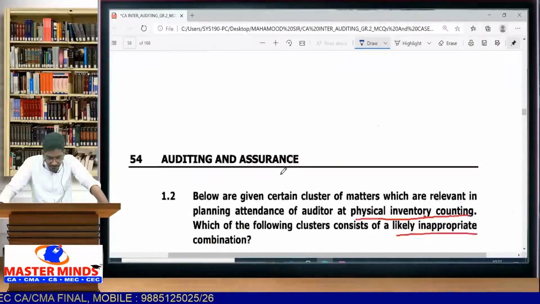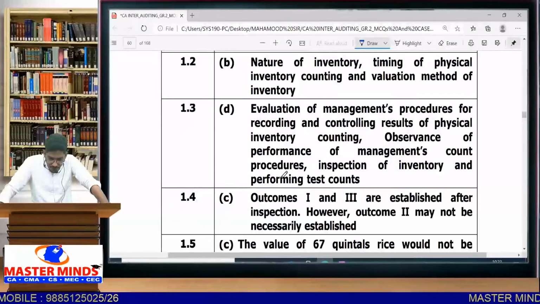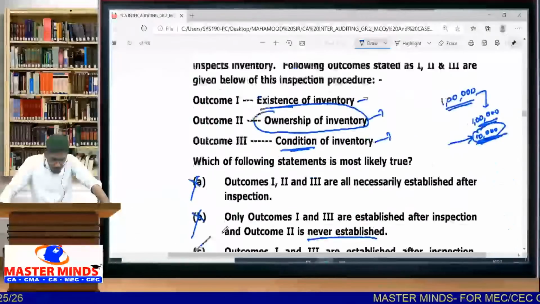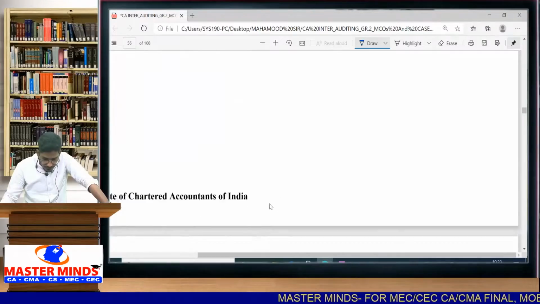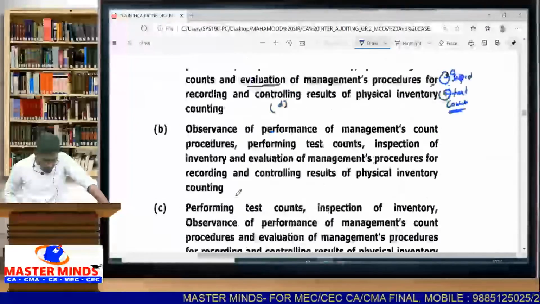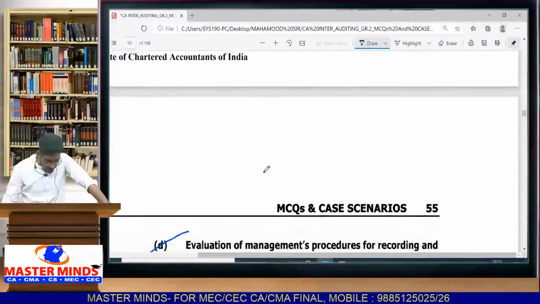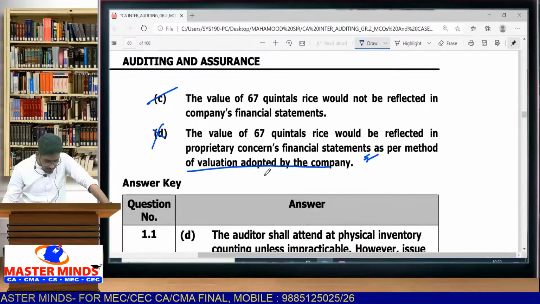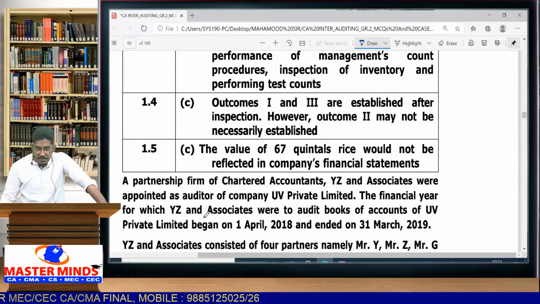Yes, 1.1 D. Then 1.2 nature of inventory, B, and 1.3 D. Yes, 1.2 B is correct, 1.3 D is also correct. 1.4 we have answered C, 1.5 we have answered C. So 4 and 5, C, yes. So the first MCQ is correct.